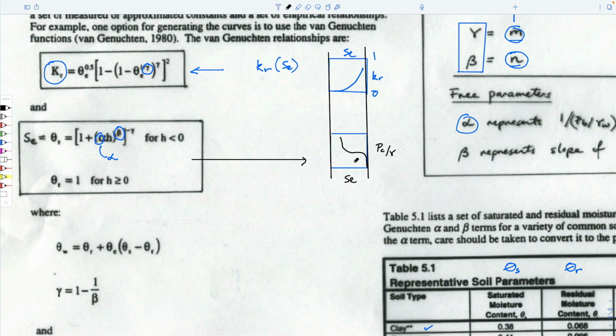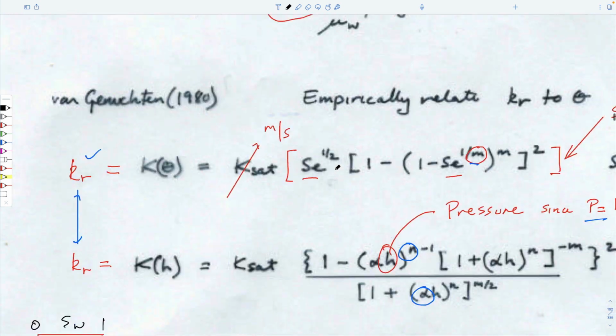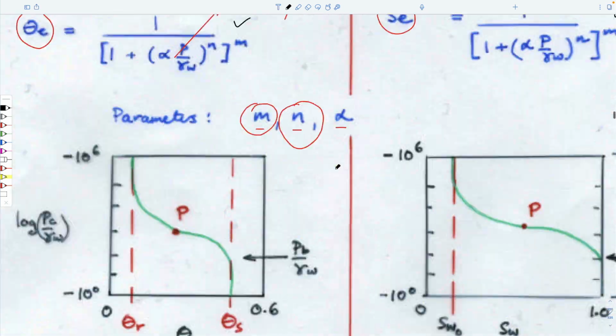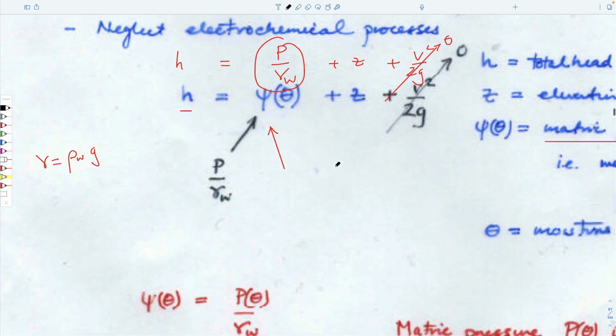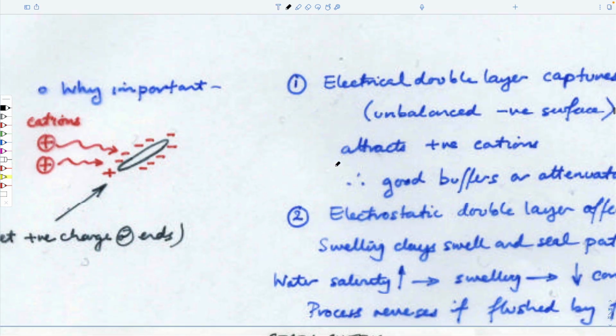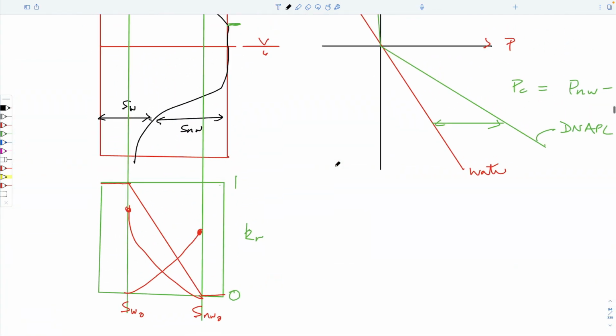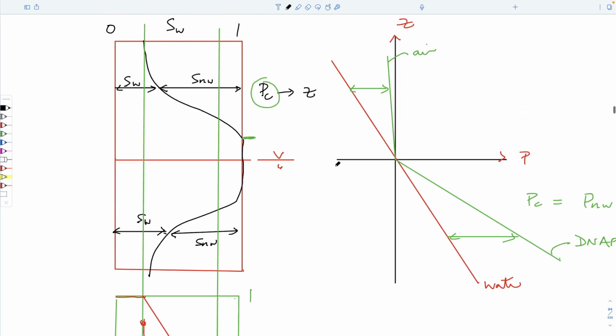And then finally, we also need to remind ourselves that if we can define these curves through these empirical relationships, then that's useful to us because there's nothing special about saturated and unsaturated materials, but these curves are the same above the water table as they are below the water table. And so this curve is the same for any non-wetting fluid.